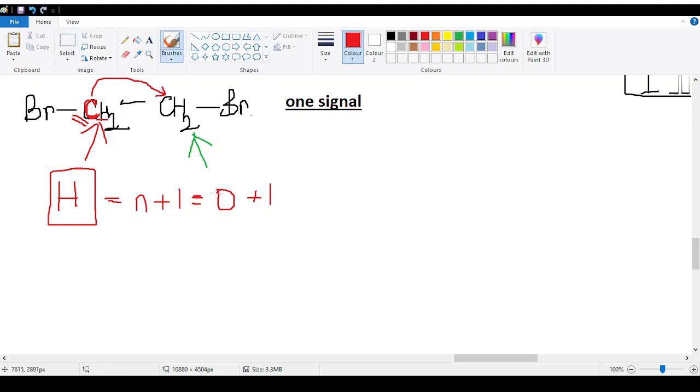You told me earlier that they have the same chemical environment, right? We can only consider them if they have different chemical environment. Here, they don't. So it stays one, which means we'll get a singlet, right? In your NMR spectrum, you will get just one peak. That's all you'll get. No splitting pattern, nothing.